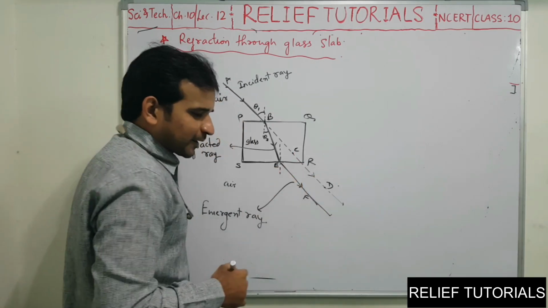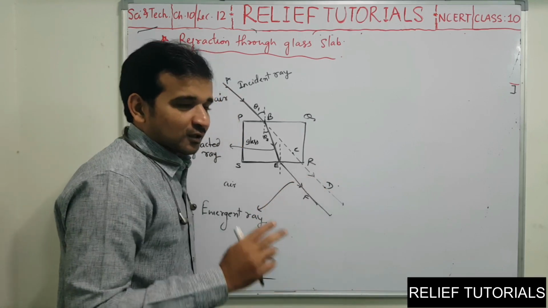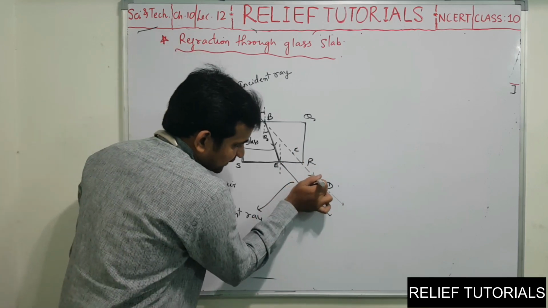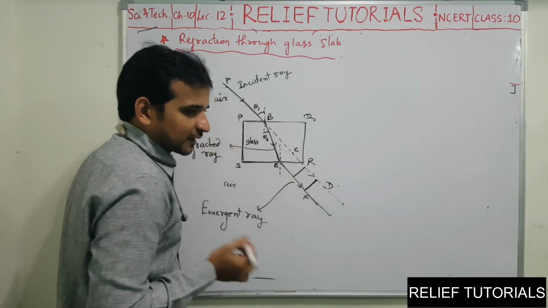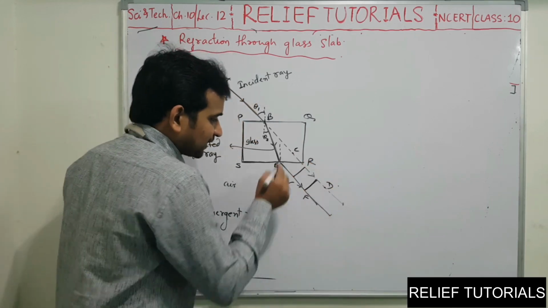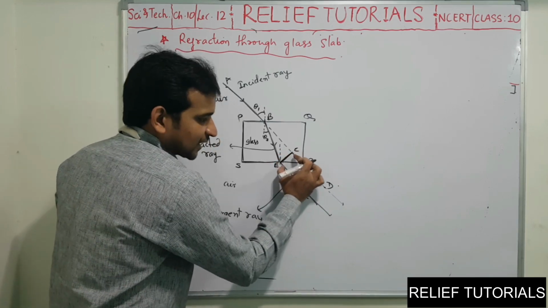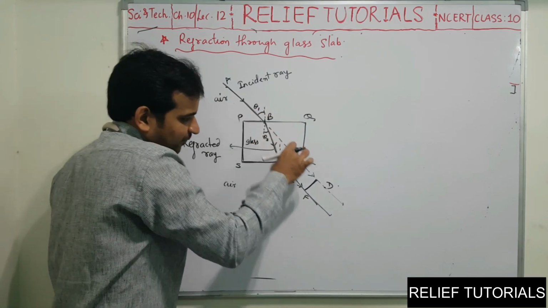If you measure the perpendicular distance between these two parallel sides, you can find out by how much the ray is shifted. This is the perpendicular distance between these two. Wherever you measure the distance between two parallel sides, it always remains the same. I think from this point they are parallel. Before this they were not, but now they are parallel.